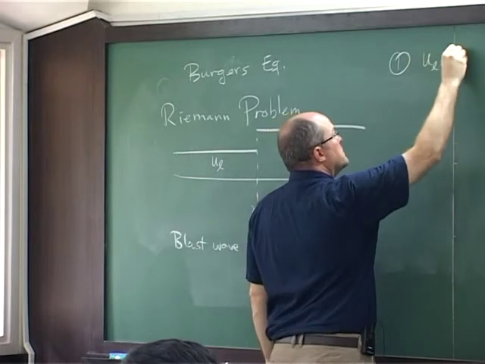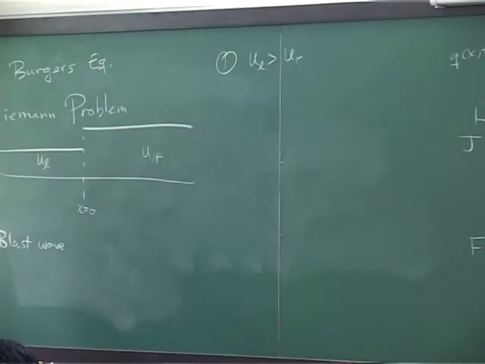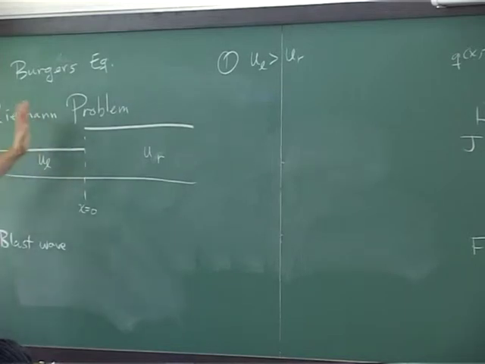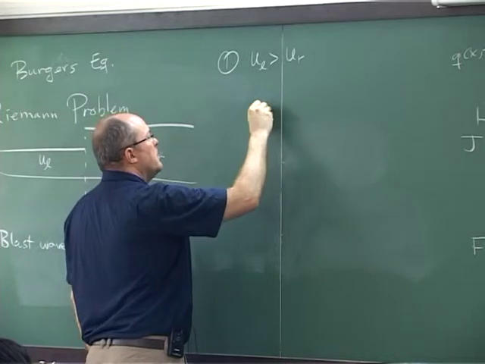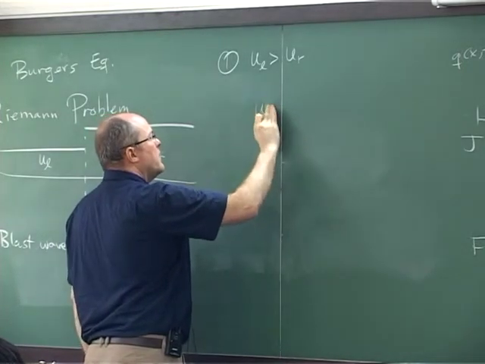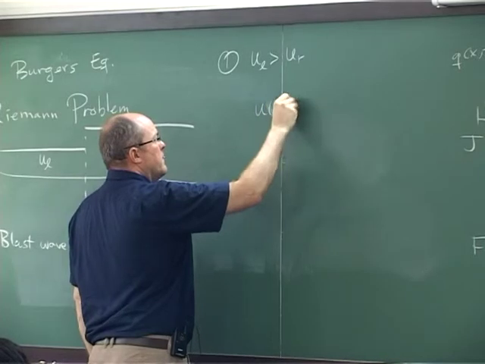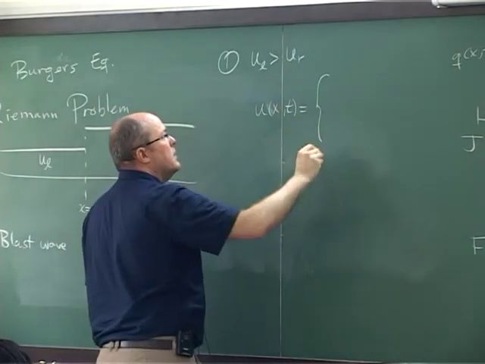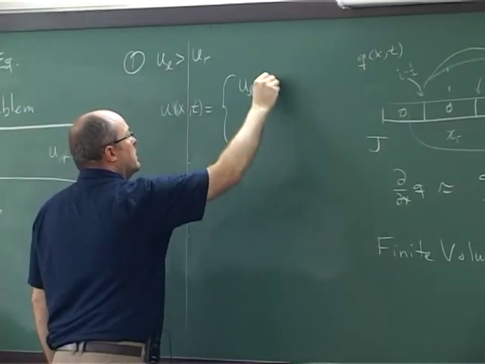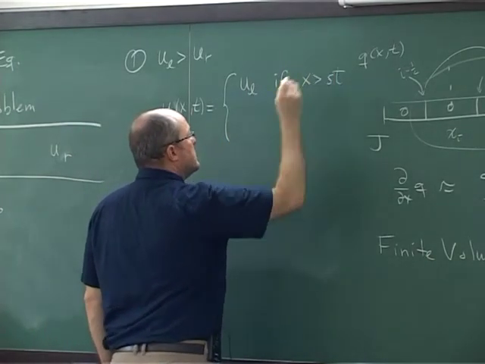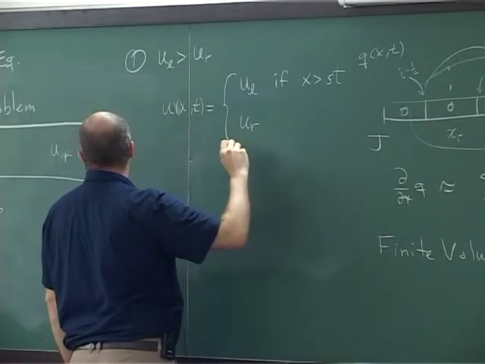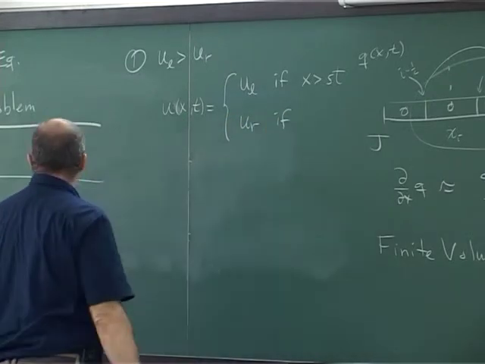If u left is bigger than u right, and assuming that u is positive so that the waves travel to the right, then there is a solution to the Riemann problem, which is u of x and t equals u left if x is bigger than s times t, and u right... have I got those backwards?